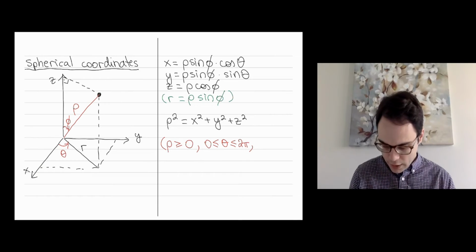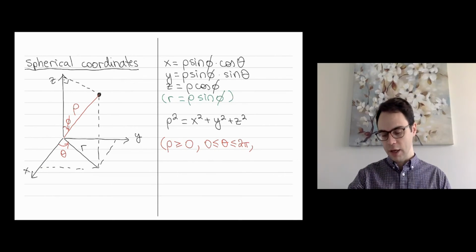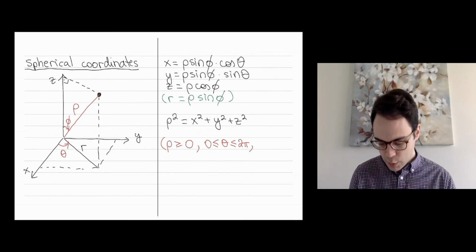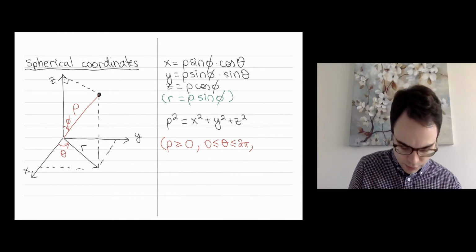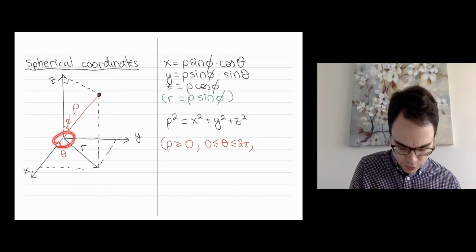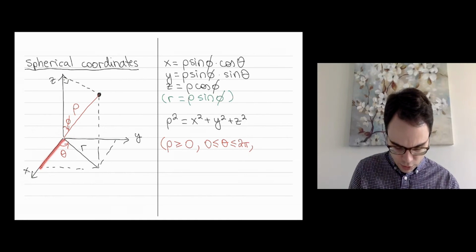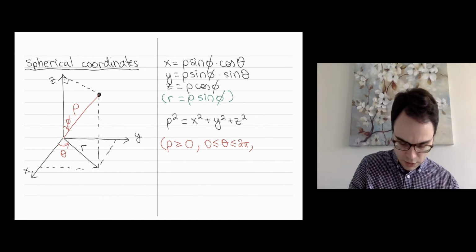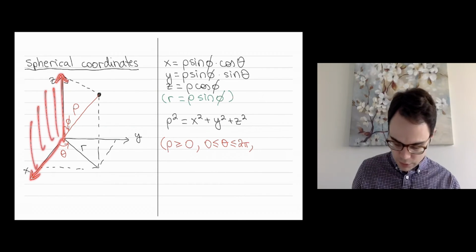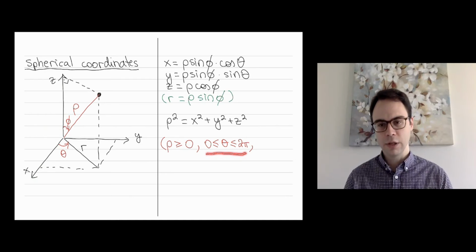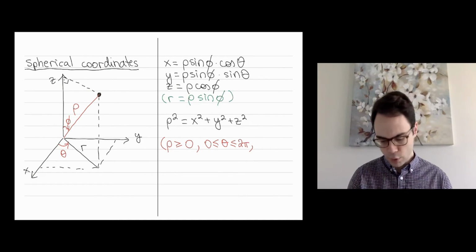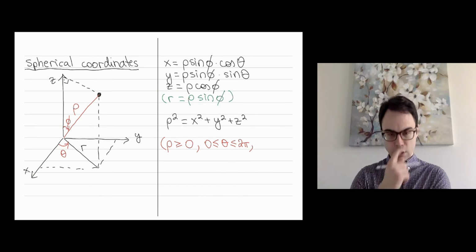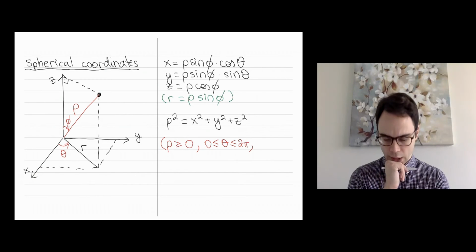Because this way, there's only one set of points with two possible theta coordinates. Theta is 0 here, but it's also equal to 2 pi here. So for points on the xz plane, the theta coordinate would be ambiguous. It could be 0 or 2 pi, but for all other points, they will have just a single theta coordinate.